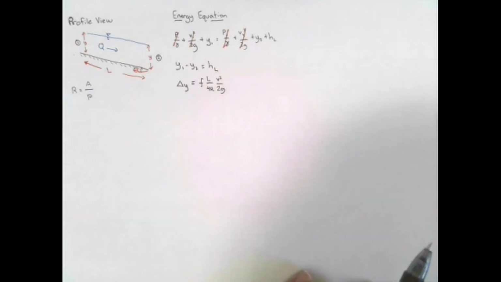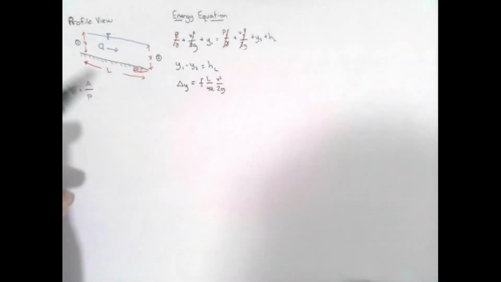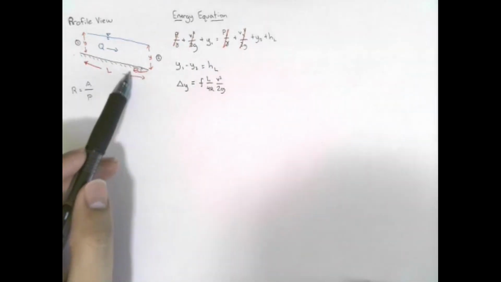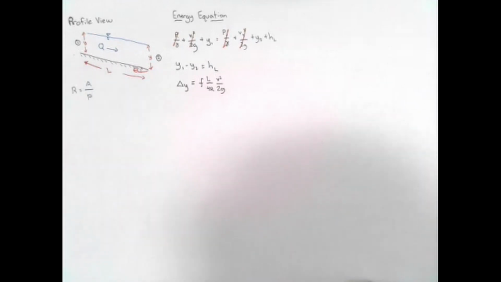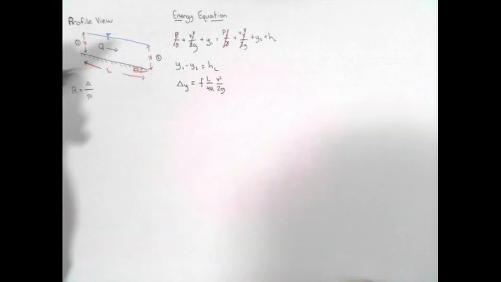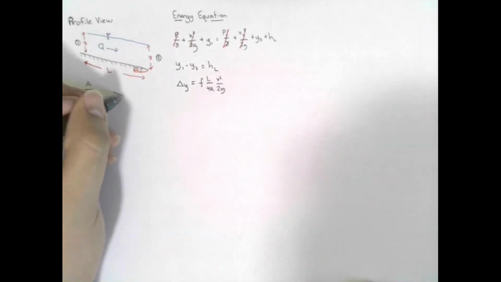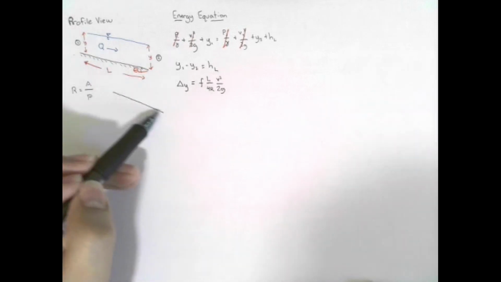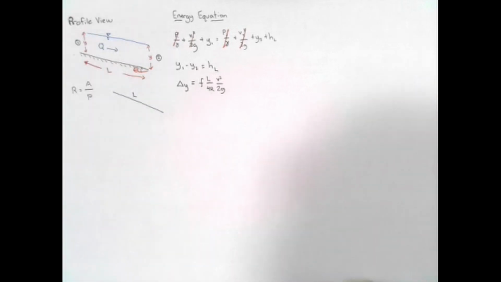Now, if we look at this delta y, we can express this change in elevation by looking at the angle and the length of the channel. I'm going to draw a triangle that represents this length of the bottom. If I draw my triangle here, I know that this is just the length of the channel.